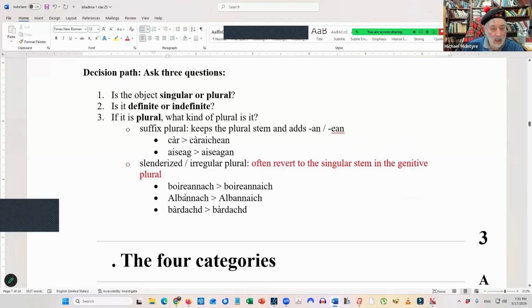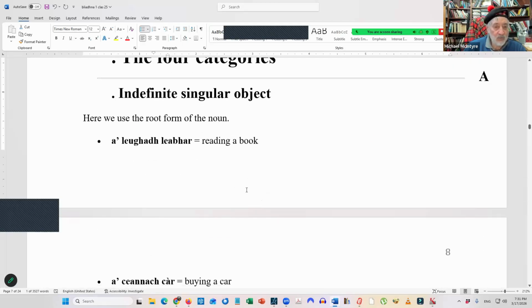Alapanach, Scot, Scots person, Alapanich, Scots persons. Bartok, poetry, or Bartok would be poetries, which doesn't really work in English, but I include it so you can see how it would work if there's no change. That's how it works as an irregular plural.